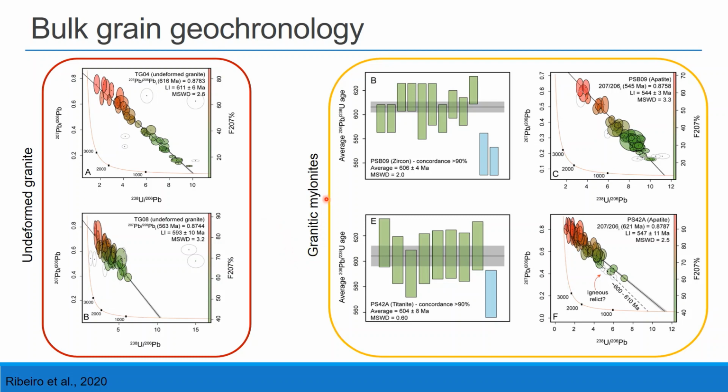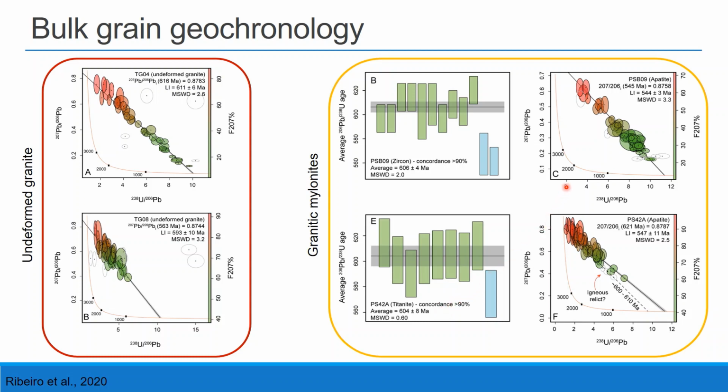When we move to the granitic mylonites, I also dated zircons and titanites, which were supposed to date the protolith because they are theoretically not able to reset. And then we actually got older ages, like the granitic crystallization age, which is 606 plus minus 4 in the zircon and 604 plus minus 8 in the titanite.